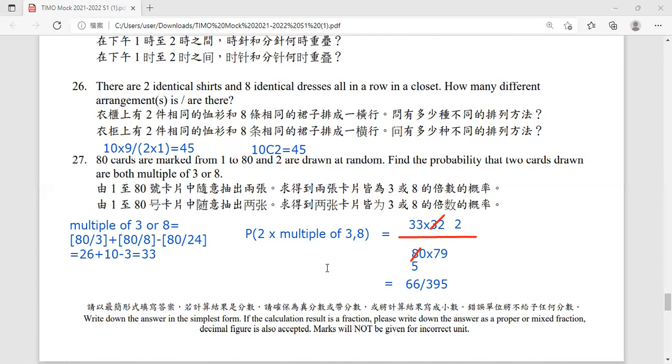When the card is drawn away, you have only 79 cards left, but you have 32 cards that fulfill the requirement. So you times 32 by 79. You just have the calculation here, and you simplify. So you got the answer 66 over 395. It's something like this. Any questions?